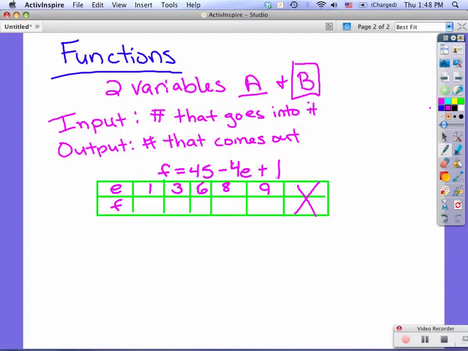Well, before we can move on, there's something that you need to remember. It's called order of operations. Order of operations tells you which order you should solve a problem.